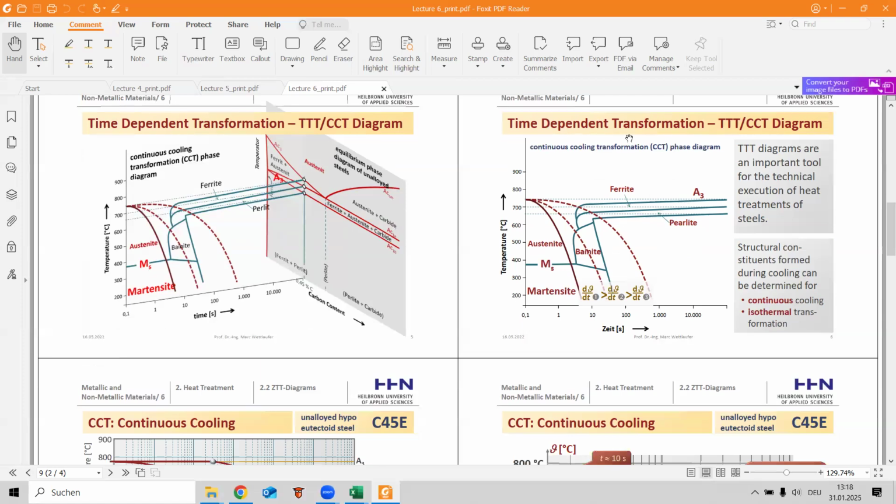So time-dependent transformation, continuous cooling transformation phase diagram. So time temperature transformation diagrams are an important tool for technical execution of heat treatment of steel. Structural constituents formed during cooling can be defined for continuous cooling and isothermal transformation.